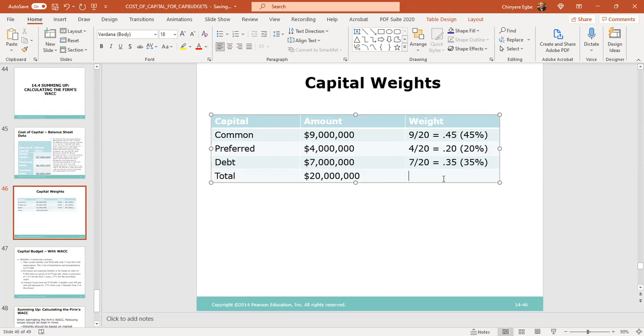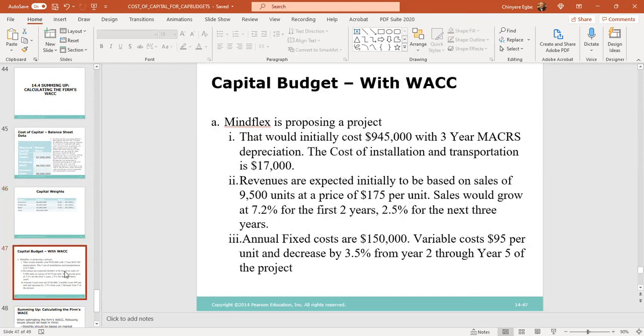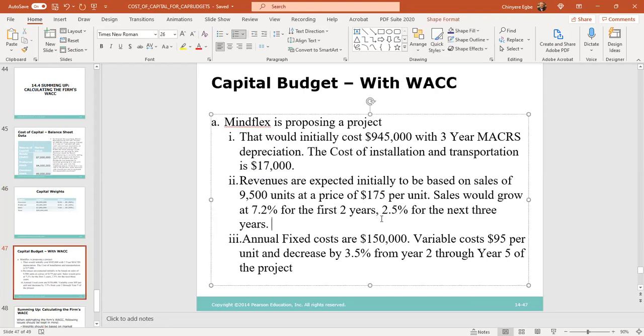So that's it. That is how you calculate the weights. You take the balance sheet information and you calculate the weights. And now you can use these weights to calculate the weighted cost of capital. You can go ahead and solve a capital budgeting problem like this one that you have here. You already know how to calculate cash flow, and you can easily apply that here.